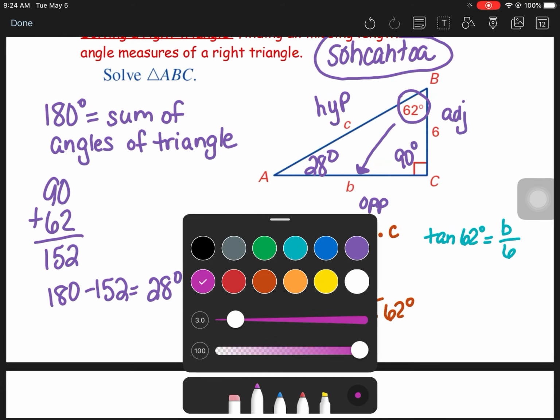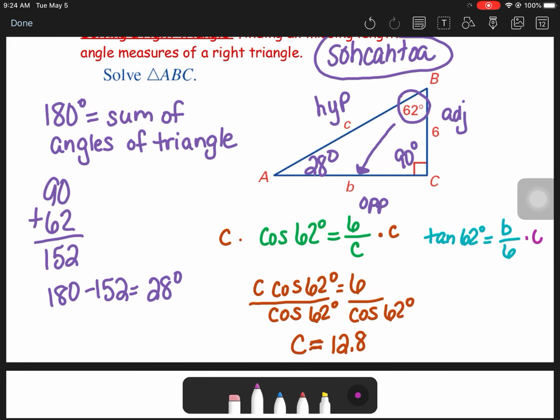So I'm going to multiply both sides by 6. So on my calculator, I'm going to take 6 times the tangent of 62, and that should equal B. So when I plug that in my calculator, I get 11.3 after I've rounded, and that would be the measurement of the B side.